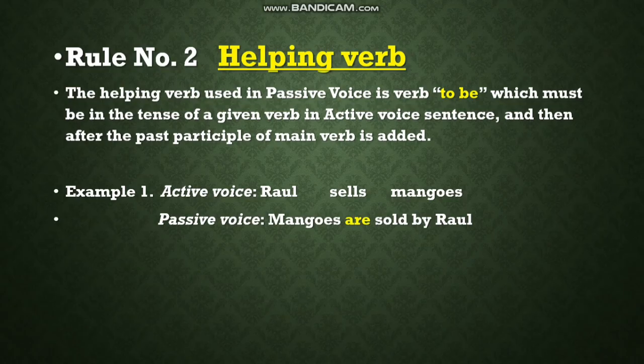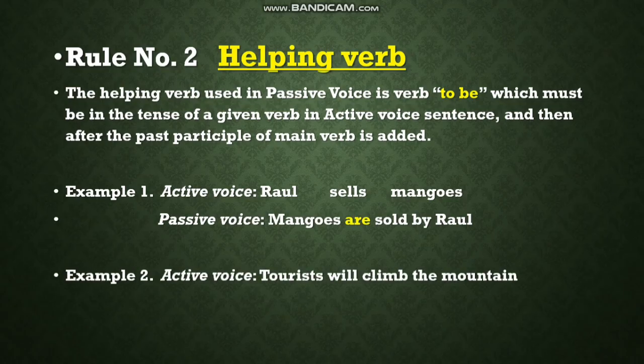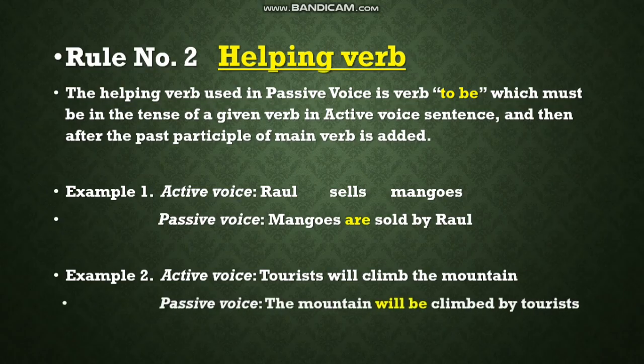Let us look at example number 2. Tourists will climb the mountain. In the passive voice, we will say, the mountain will be climbed by tourists. This will be, which is verb to be in the future, we put this verb to be in the future because in the active voice, verb to climb was in the future simple.